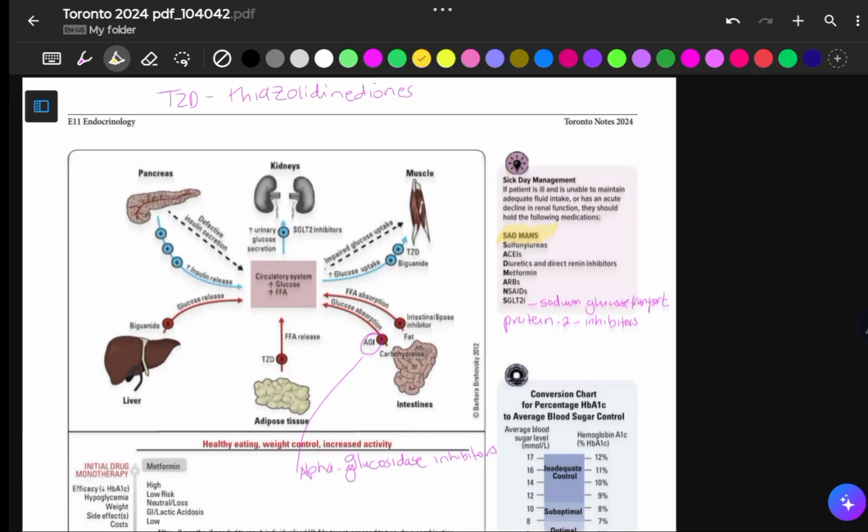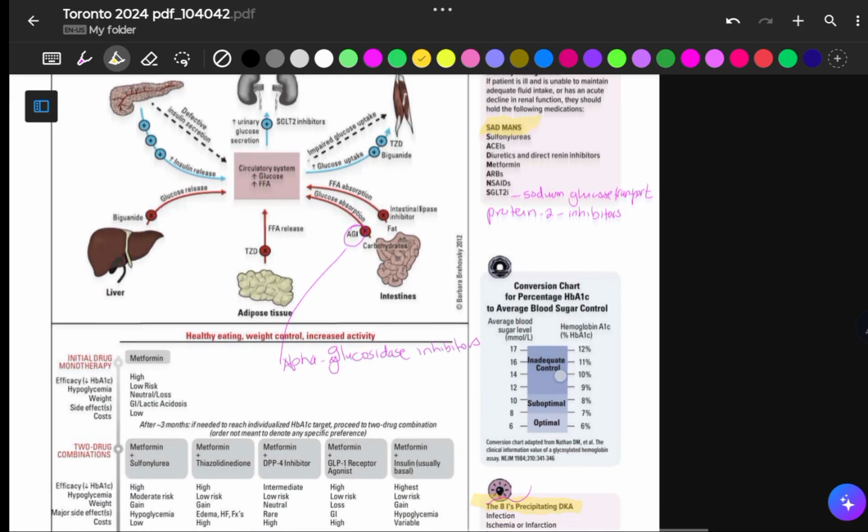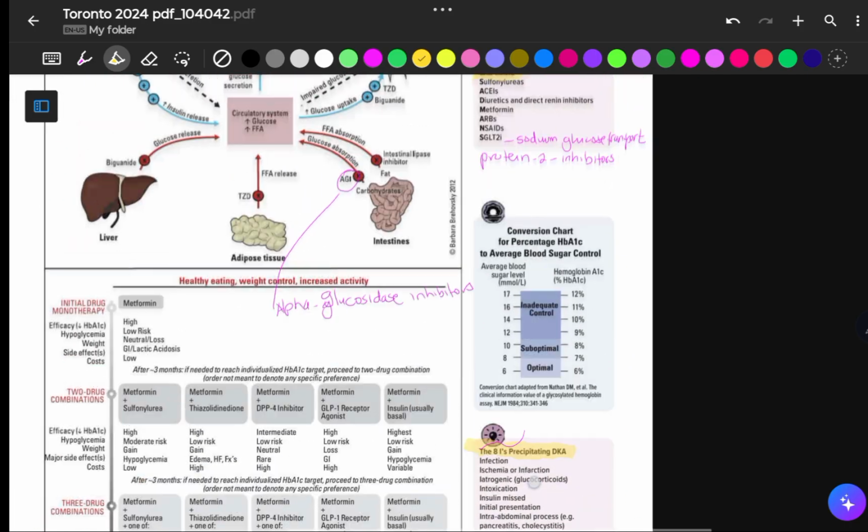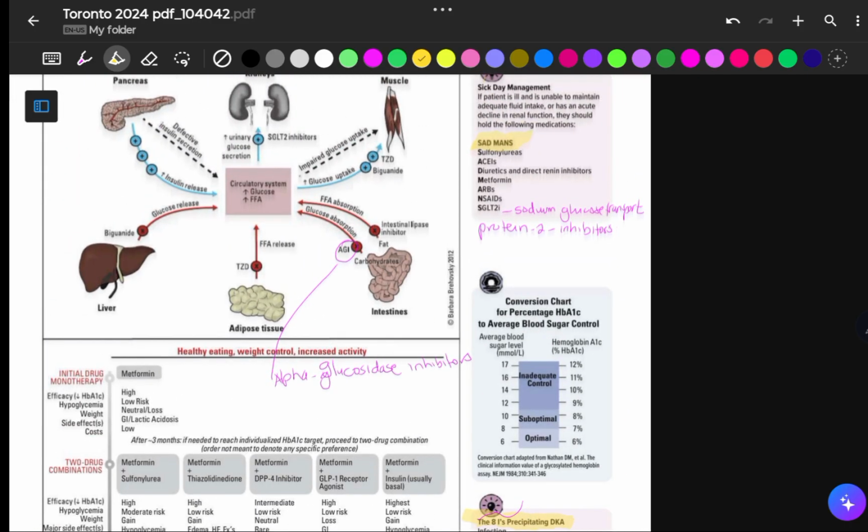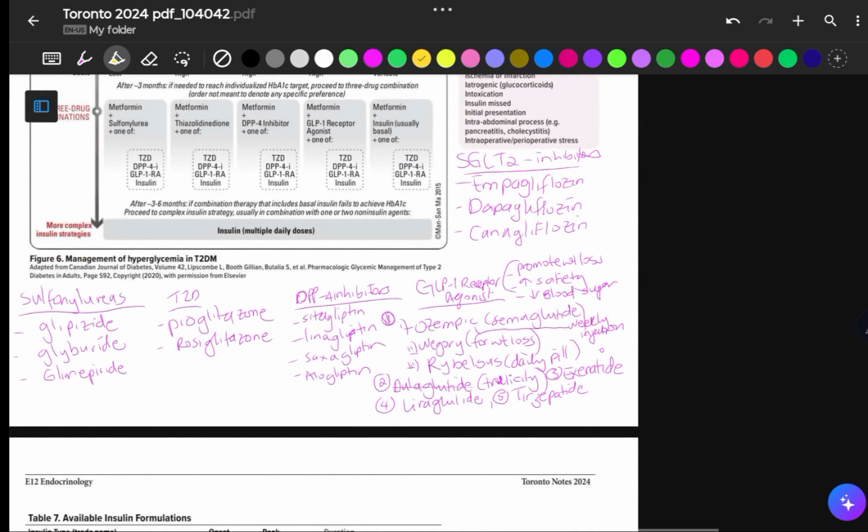So for short, TZD. This TZD and your biguanide will help the muscle to uptake glucose. Examples of TZD are pioglitazone and rosiglitazone. All right.